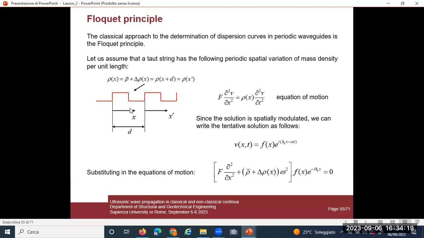It is a periodic function. It's a function like that. It's got a spatial variation of mass density per unit length, which repeats after a given modulus, which here I've called D. Sorry for the inconsistencies. I will have to reread it. Maybe in 20 years, this will be perfect.